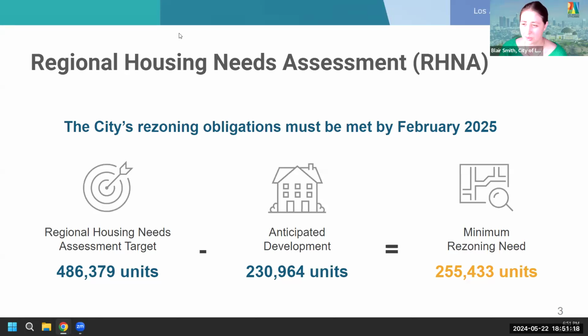And I saw in the questions, there were quite a few questions about how our program relates to the new zoning code. I don't know if it would be helpful to speak to that a little bit. Okay. Yeah, so our ordinance, we actually have two versions of it. One's going to live in our current code and be applicable based off of existing regulations. And the second version is going to live in the new code and will offer bonuses based off of the new proposed zones that are put in place.